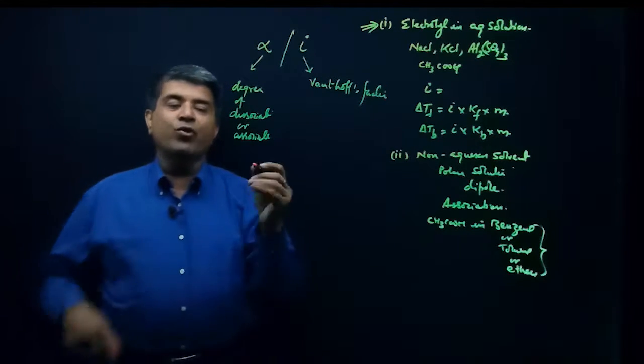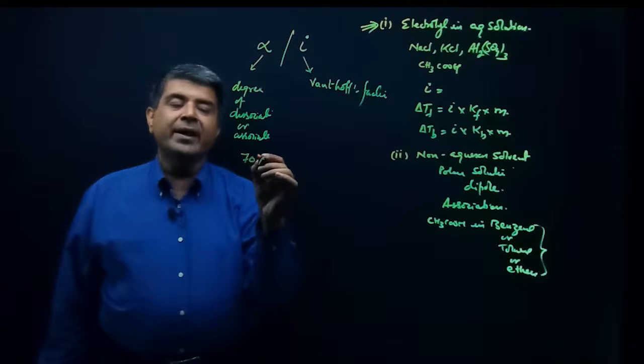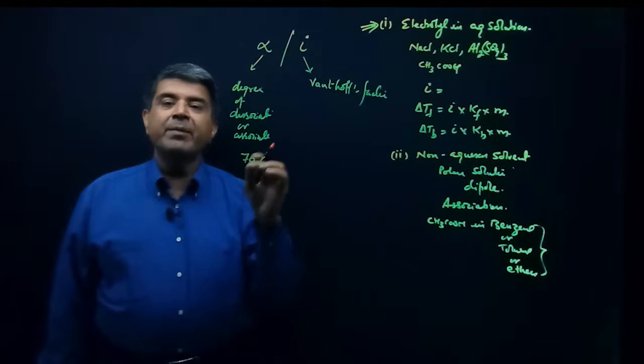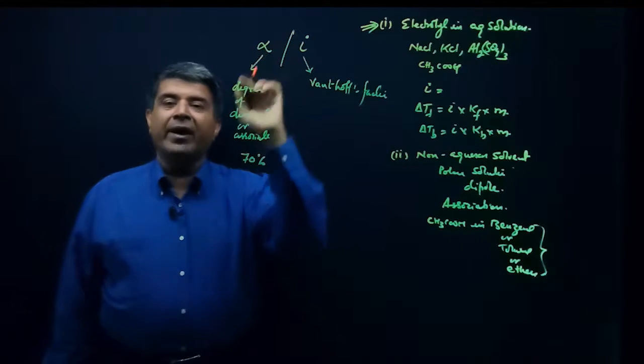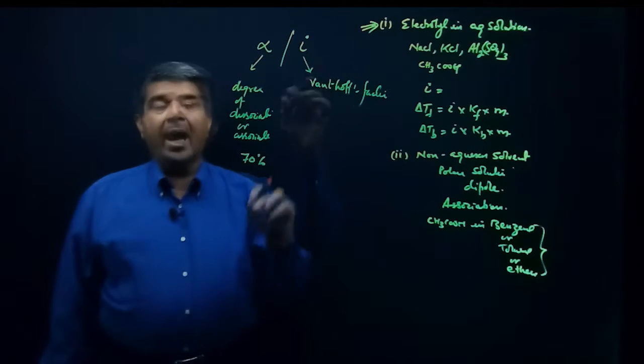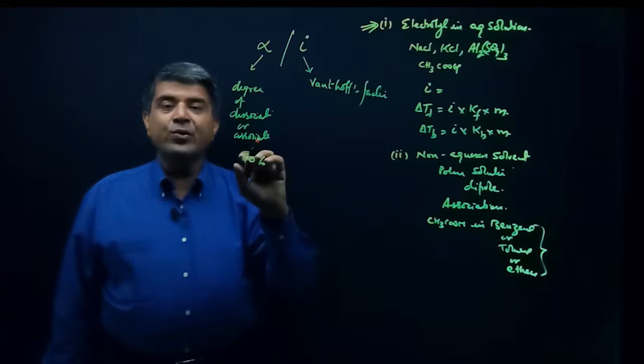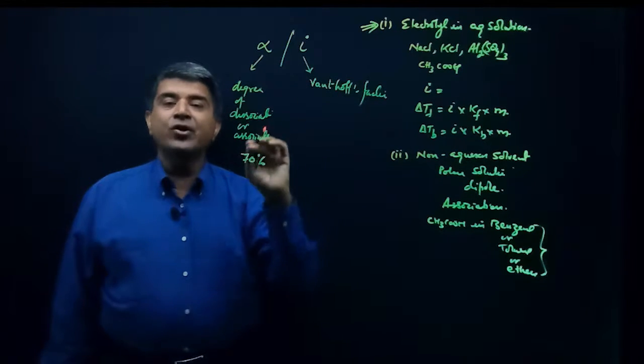If you are given in a question that it is 70% dissociation or 70% association, that means that the value of alpha is given. It is not i. I have seen students directly using this value as i. It is not i.